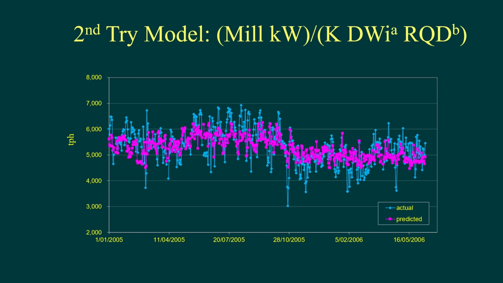And there is an improvement. It's not as good as I would have liked, but there certainly is an improvement to the fit of the data in that period, and there was also a corresponding improvement in certain places to the data at other times. So I felt that yes, RQD was beneficial.